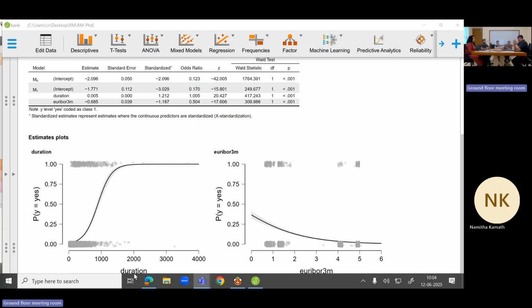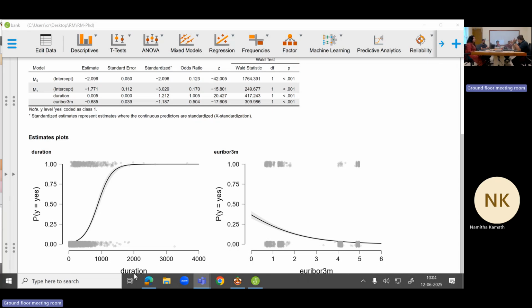How do you make use of duration for explaining how the people who are opting for term deposit are different from people who are not opting for term deposit.